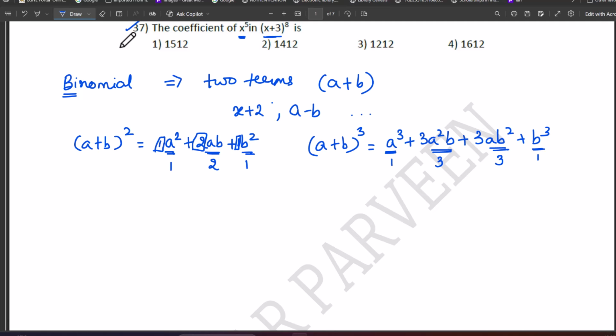For b cube coefficient is 1. Clear, right? Now if I tell you to find out the sum of the coefficients of the given expression, what you will do? If this expression is given, you will take the coefficients of each term and then you will add it, right? So sum of the coefficients of this expression will be 1 plus 3 plus 3 plus 1. So your answer will be 8.